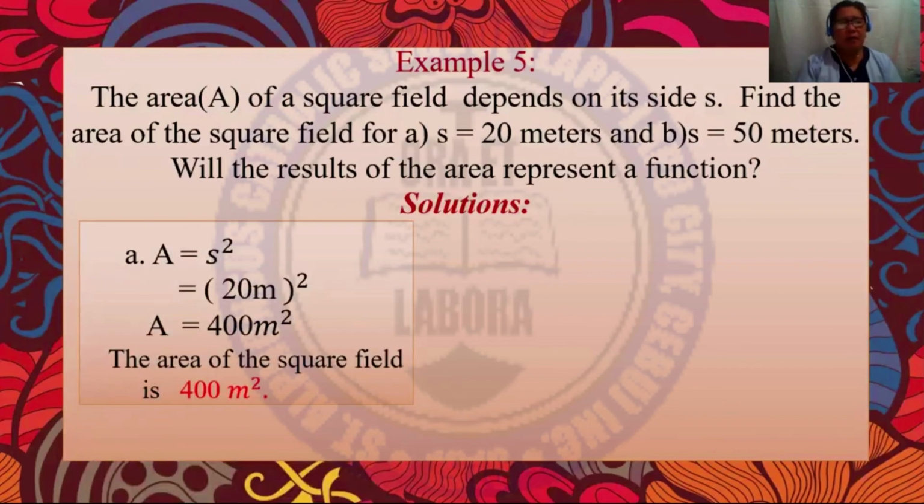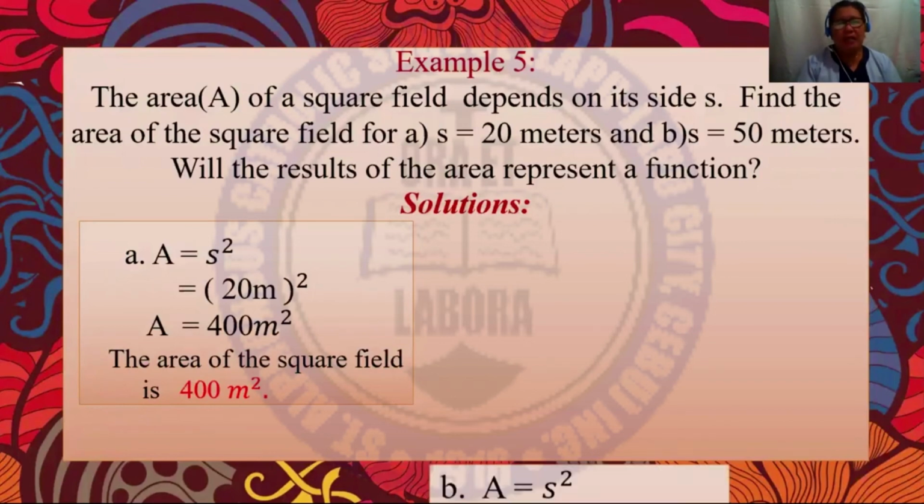The formula for the area of a square is A is equal to S squared. If S is 20, then you square 20, that is 400. You square also m. So 400 meters squared. So the area of the square field is 400 meters squared.